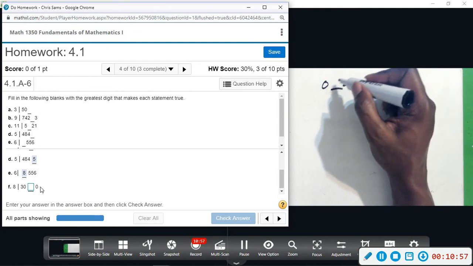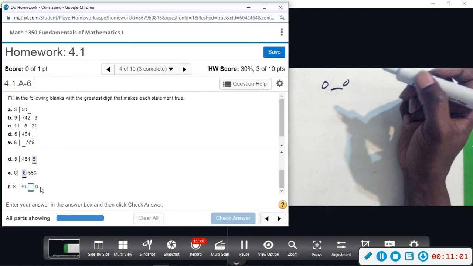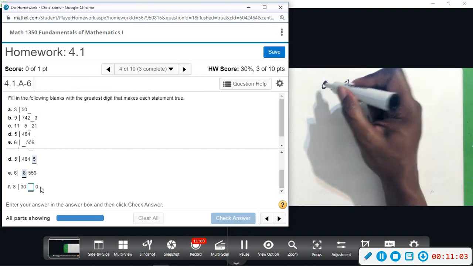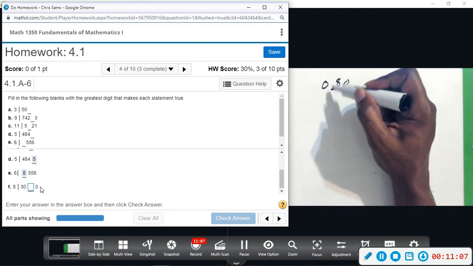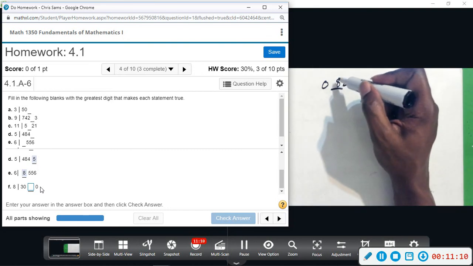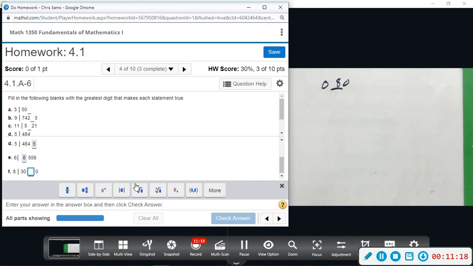Looking for a 2-digit number that's divisible by 8, since this 0 is not going to play a role. 9 is not, 8 is, because 80 divided by 8 is 10. That's going to be the biggest digit we can use. So I was kind of jumping there before we talked it out, but 8 is what we need here.